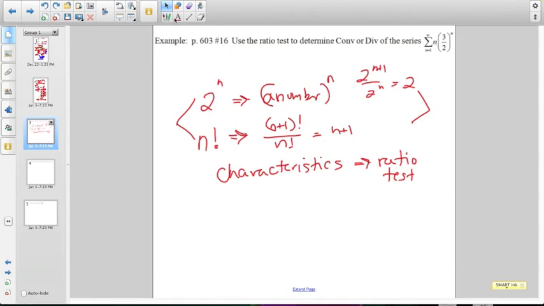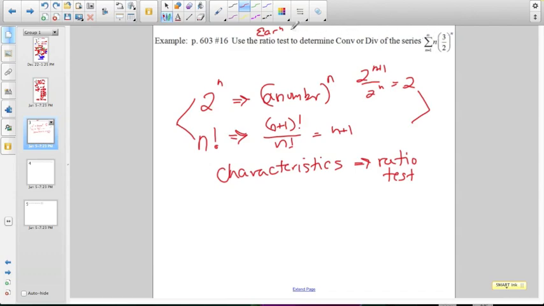Geometric series look like a times r to the n, and we have an r to the n, but we don't have a constant out here. We have a value that changes with every term that we write.